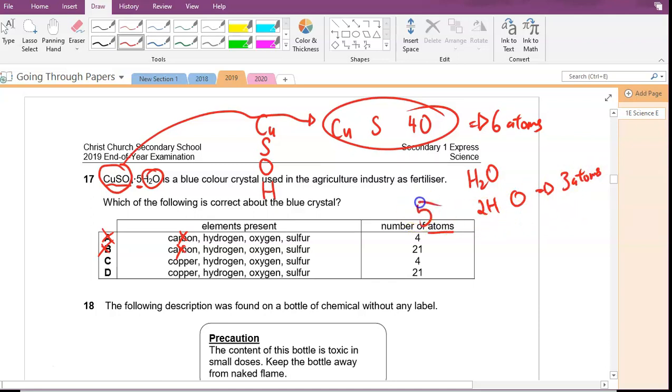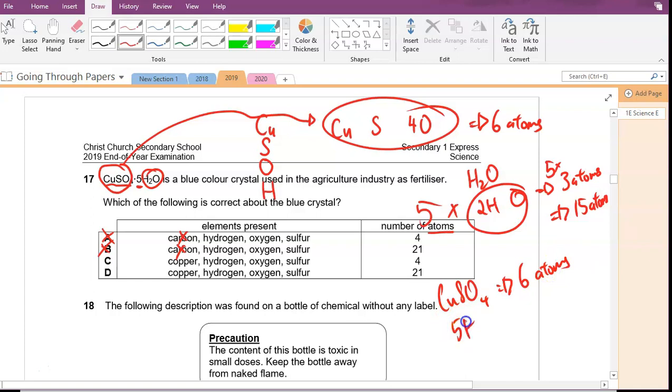But I got 5 times this whole thing, so 5 multiplied by 3 gives 15 atoms. So what's the total number of atoms? CuSO4 is 6 atoms, 5H2O is 15 atoms. Add them up and you get 21 atoms. Therefore the answer is D.